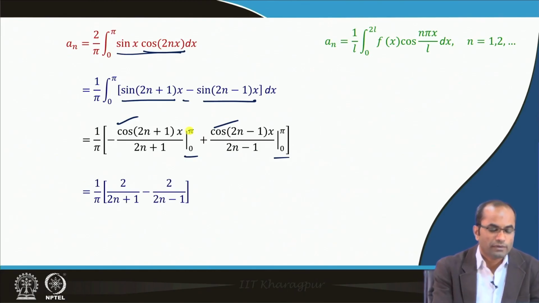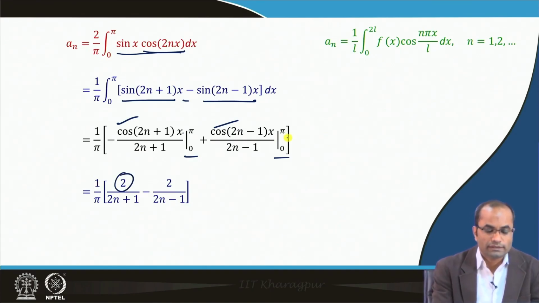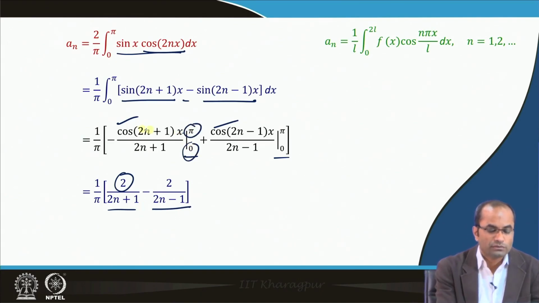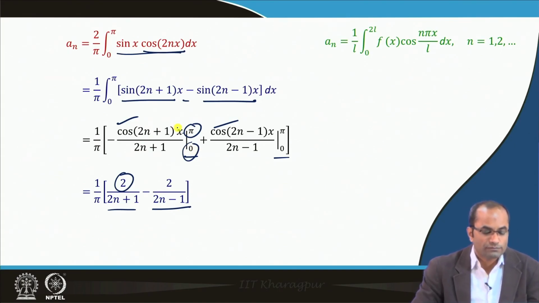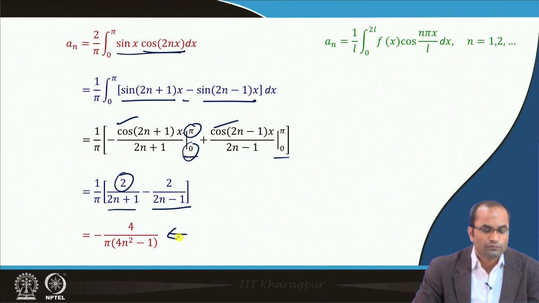Substituting pi there, we have 2n plus 1, and here also cos with 2n plus 1 again, because we have the 0 and the pi. So this is going to be 1, and when we substitute 0 it is also 1. After simplification we will get minus 4 over pi times (4n square minus 1).